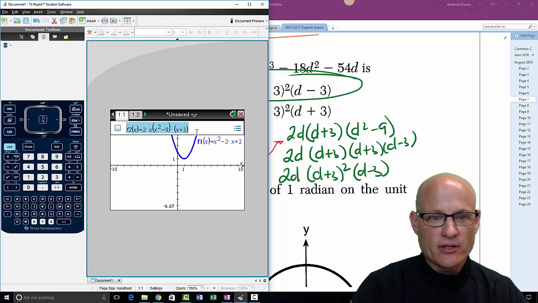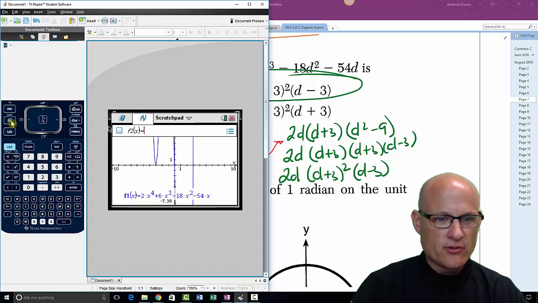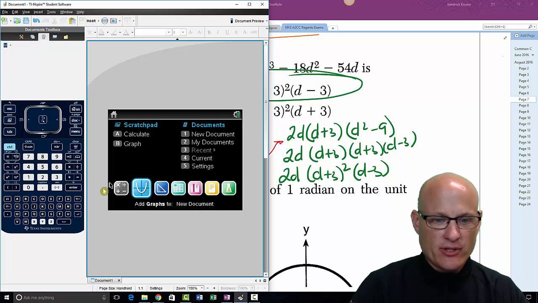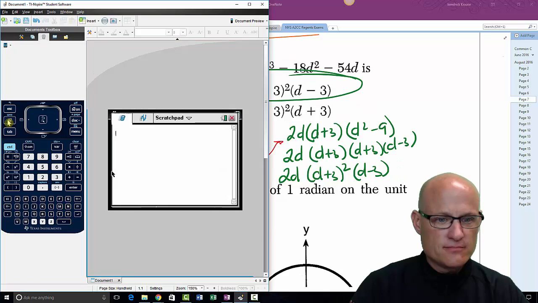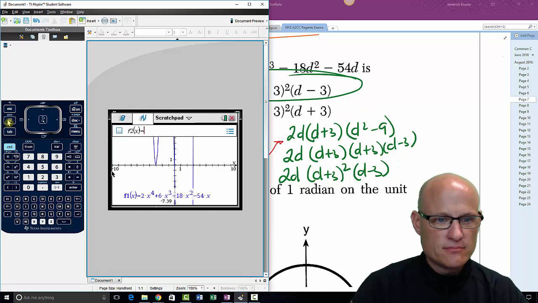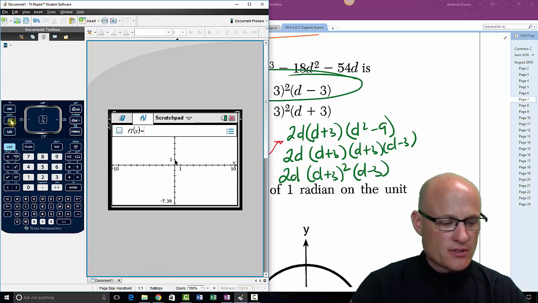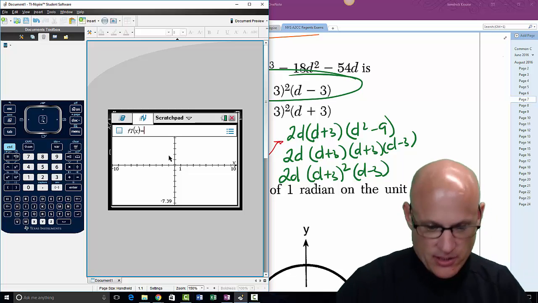I don't know why it's not letting me do that. All right, let's try this. Go into Scratchpad. I don't know why it's not letting me do that. Let's try this again. Well, I'm not going to do this forever.